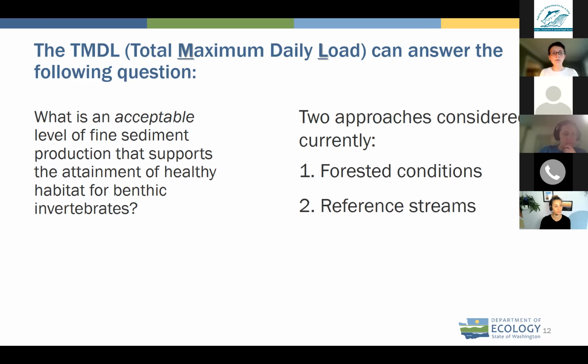Then another option is to use reference streams to inform the ultimate goal of the TMDL. Reference streams are streams that are similar to those in the Sioux watershed, but where the BI threshold is attained. We assume that they have sediment conditions that allowed for the attainment of the BI threshold, but without necessarily being fully forested.